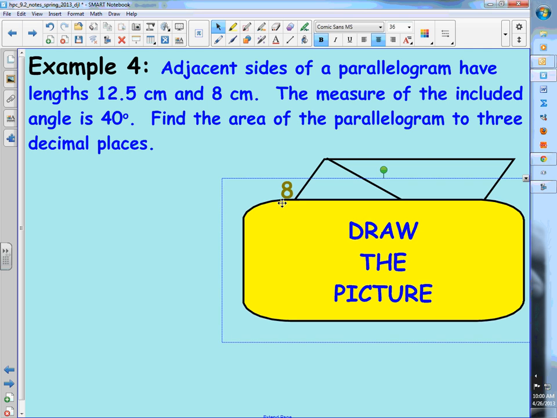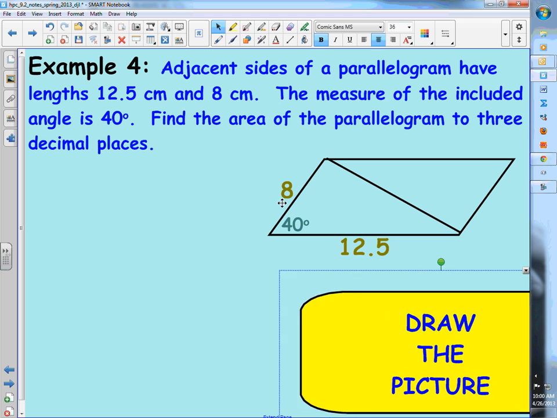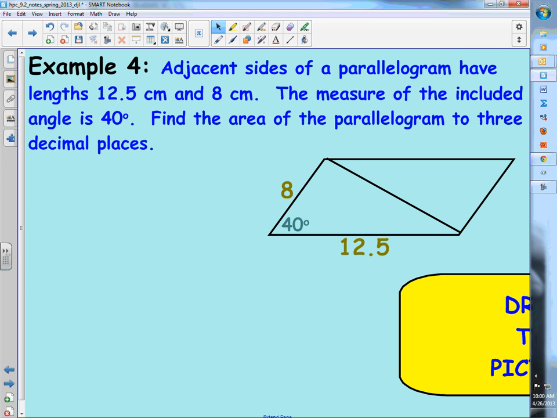This is the picture that we're hoping you would get. Now, the diagonal's not necessary for you to have at this stage, but I would hope that you would have put a 40, an 8, and a 12.5. I divided using a diagonal so that I'd have two triangles.